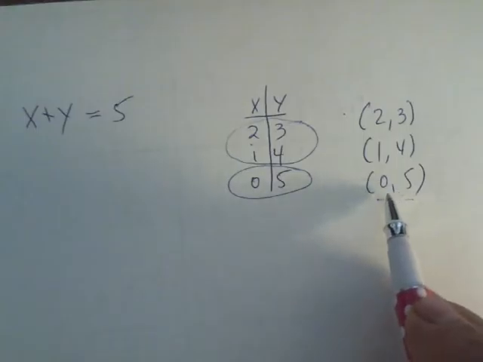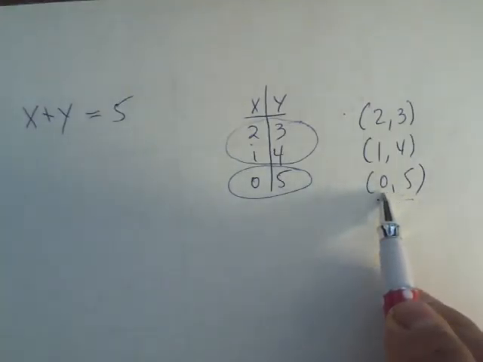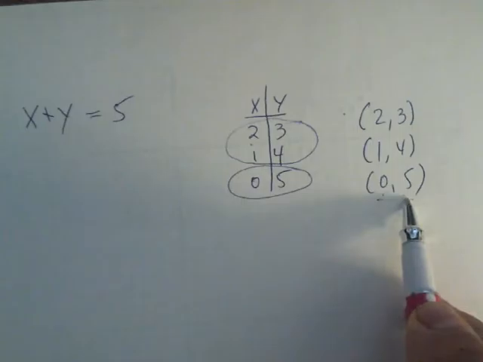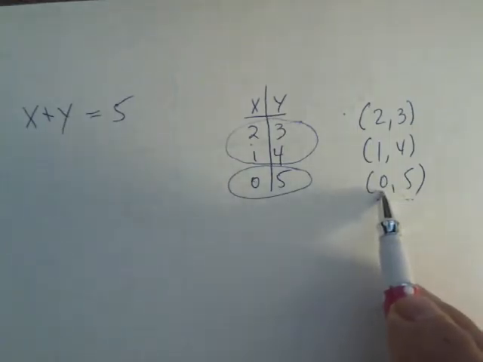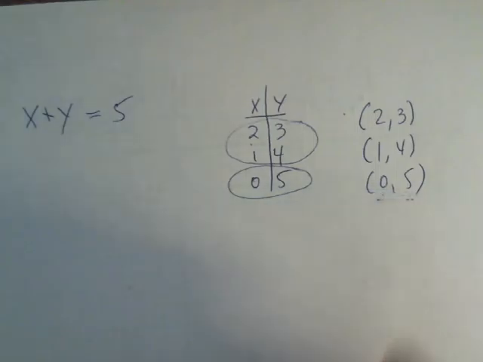Because remember, this number here is your x. That's the one that tells you to go right or left. The second one is your y. That tells you to go up and down. So therefore, if I have 0, 5, well, I'm always starting here at the middle when I'm plotting points.